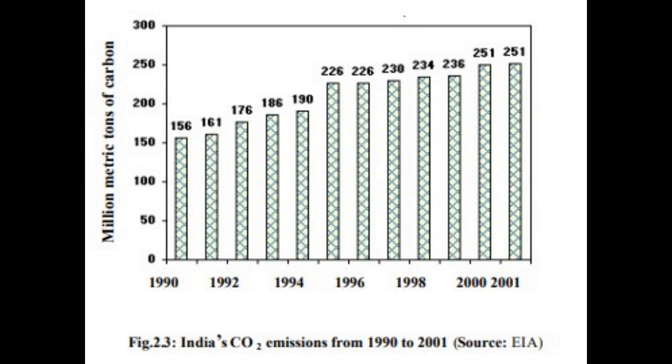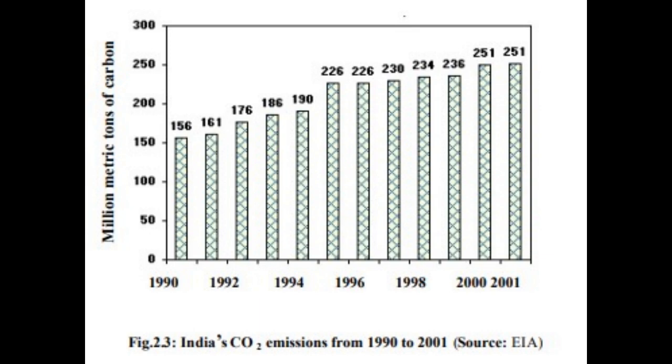The United States and Russia were the two largest producers in 2001, and together they accounted for 40% of the world total. The United Kingdom, Germany, and Canada accounted for an additional 10%.